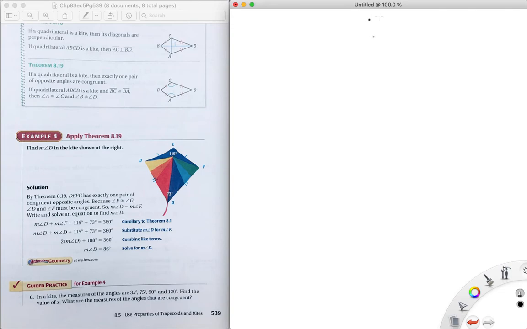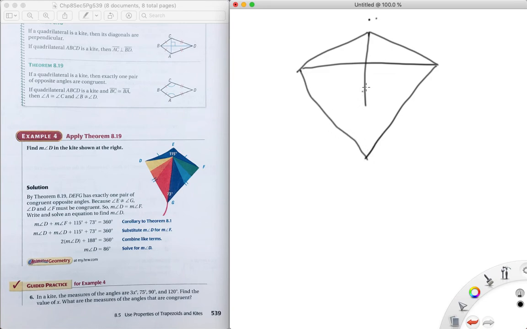So this is going to be 90 here, 90 here.